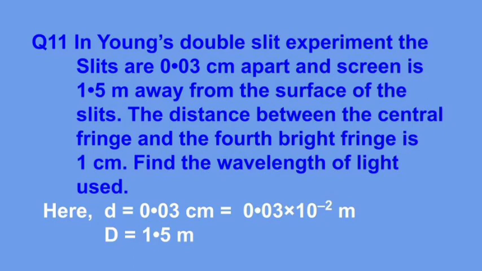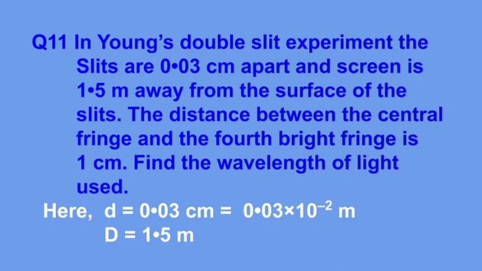In Young's double slit experiment, the slits are 0.03 centimeter apart and the screen is 1.5 meter away from the surface of the slits. The distance between the central fringe and the fourth bright fringe is 1 centimeter.